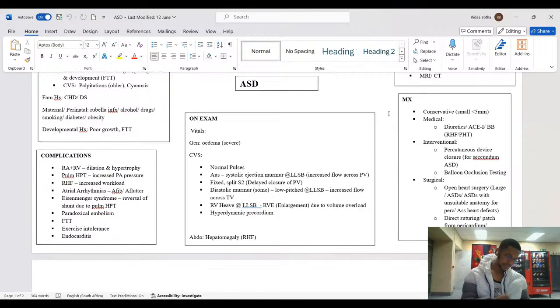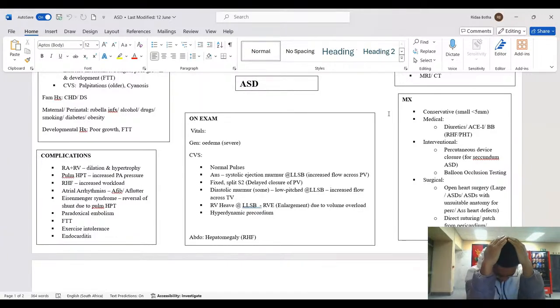You can also get a fixed split S2 because of a delayed closure of the pulmonary valve, right? Because essentially there is so much blood pushing back as it closes during a split S2. So let me just think quickly.